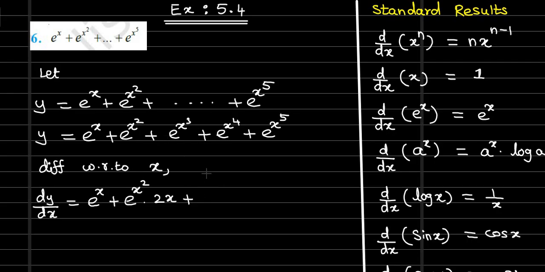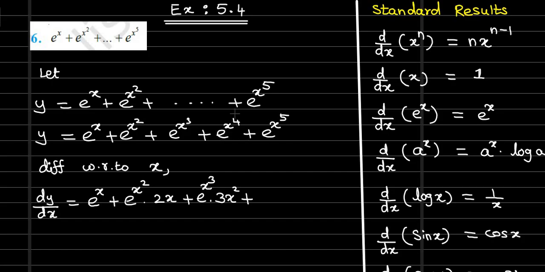E power x cube itself. Because the differentiation of e power x is e power x, so the differentiation of e power x cube is also e power x cube. So with this, the exponential function differentiation is over. Now x cube we need to differentiate with the help of x power n. So the power we have to bring as a coefficient, then reduce 1 from the power. With this, the third term differentiation is done.